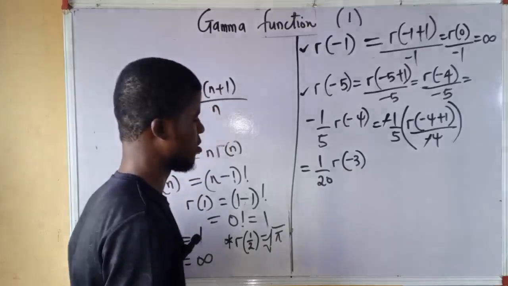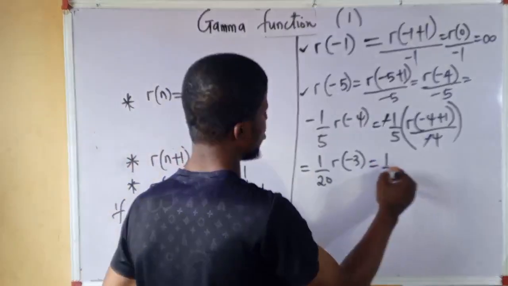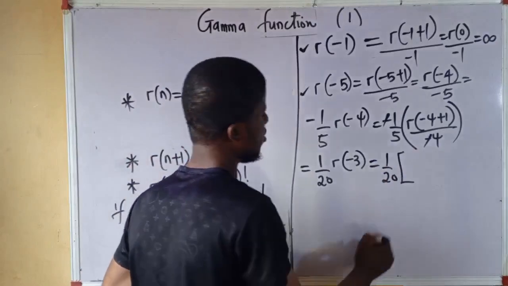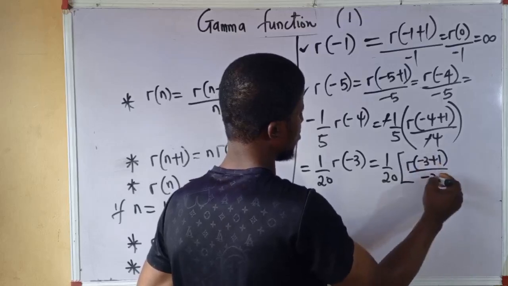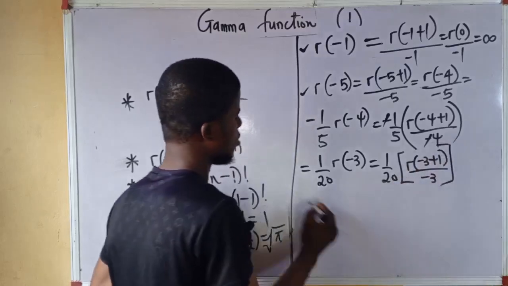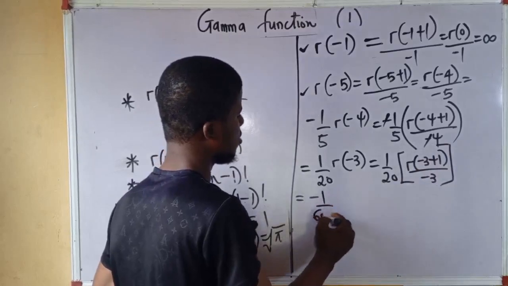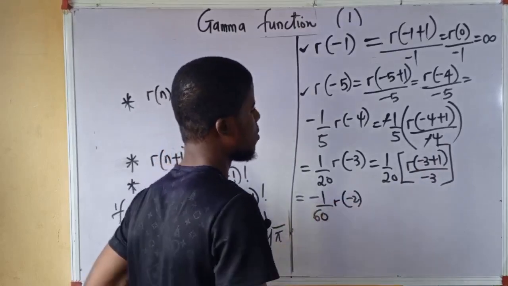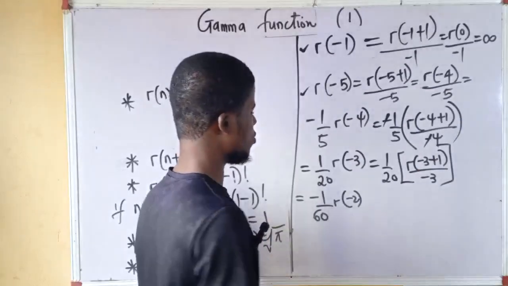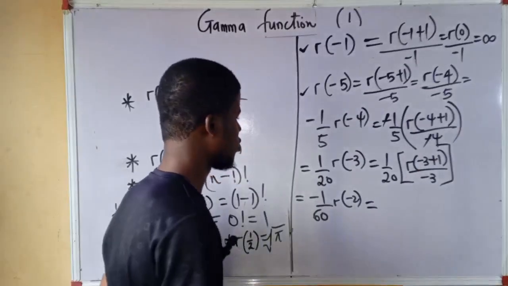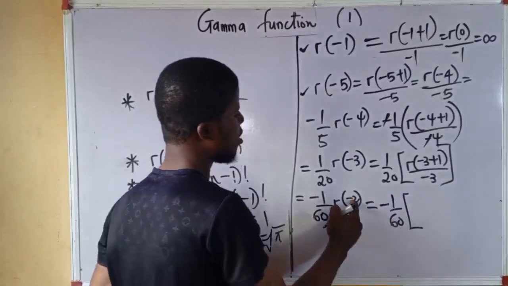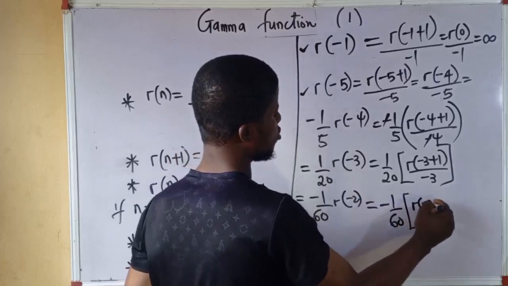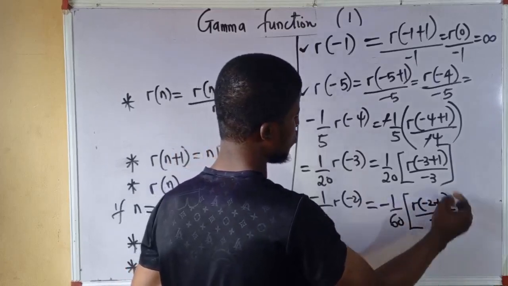What is gamma of minus 3? It's simple. Gamma of minus 3 is simply gamma of minus 3 plus 1 over minus 3. So this will give me minus 1 over 60 gamma of minus 2, because minus 3 plus 1 is minus 2. What is gamma of minus 2? Gamma of minus 2 is gamma of minus 2 plus 1 over minus 2.